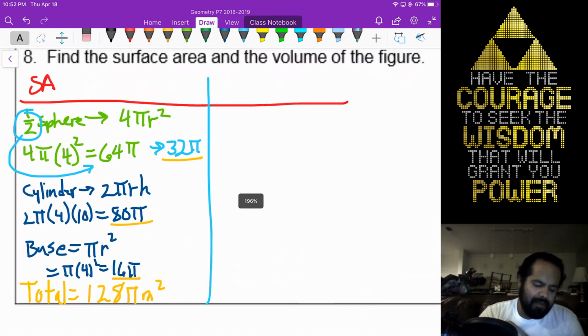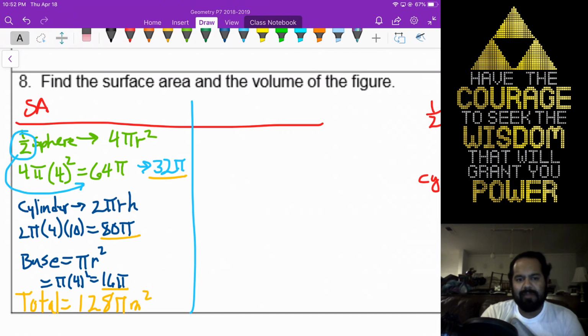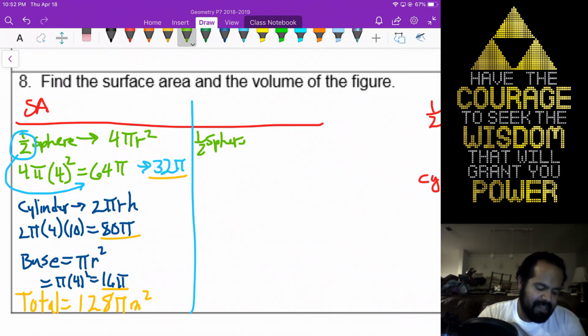Now, for my volume, it's a little easier because I don't have to worry about parts that are covered. I just have to worry about the sphere that's cut in half. That's literally the only thing. So for this part, for my half sphere, again, we're looking at the volume.